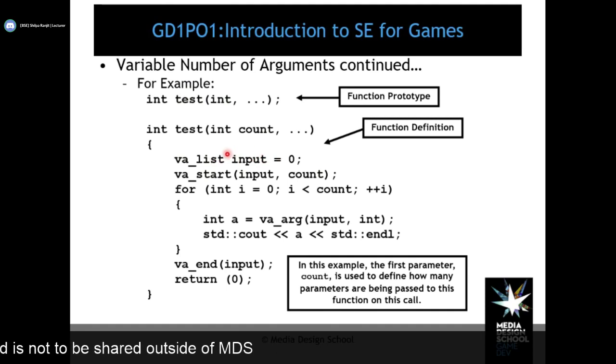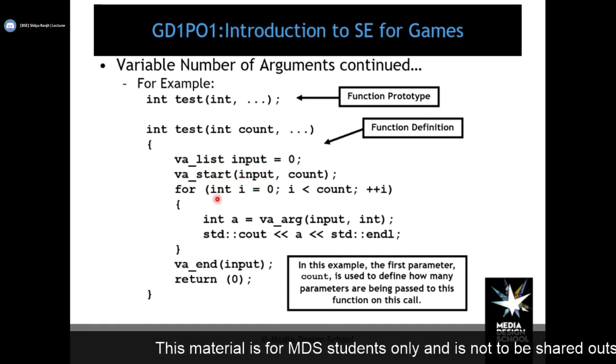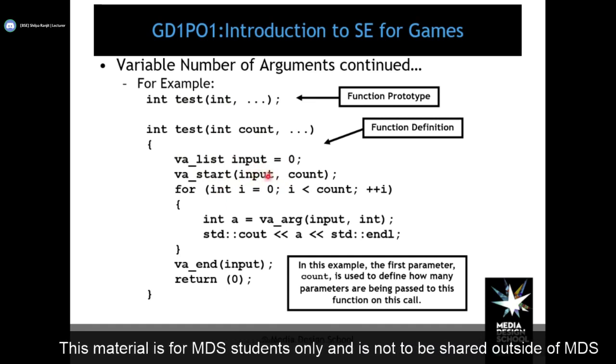So I'm just creating an object out of it, called input, and using the va_start function, I am allocating memory to this input list that I've created.